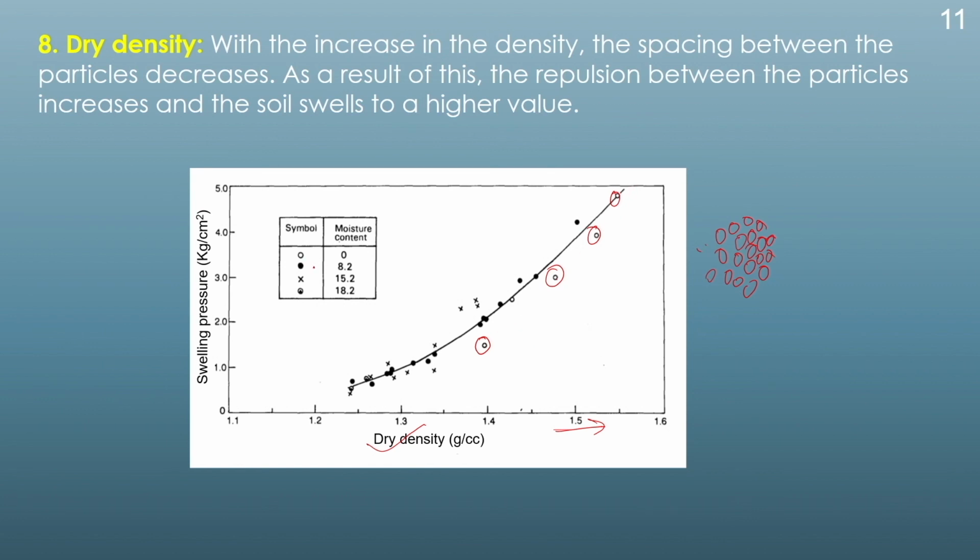Similarly, if we take a different water content, say for example 8.2, and find out the values here, we could see the swelling keeps on increasing with increase in the dry density. As the dry density increases, the spacing between the particles decreases, as a result of which the repulsion between the particles increases and the soil swells to a higher value.